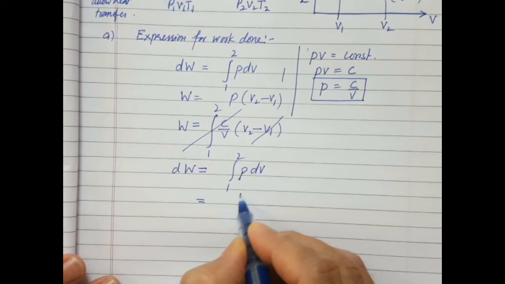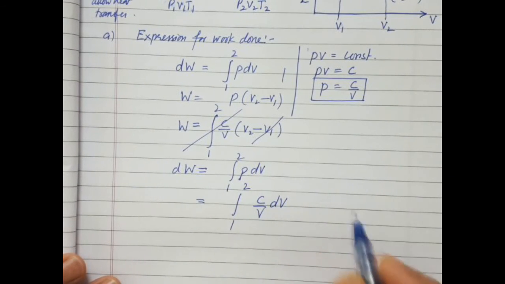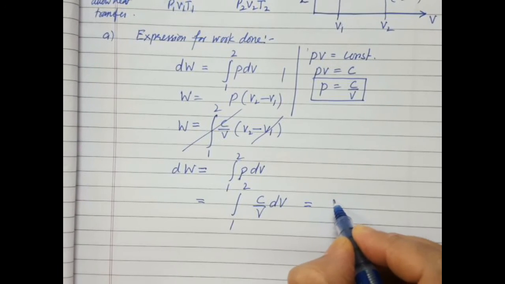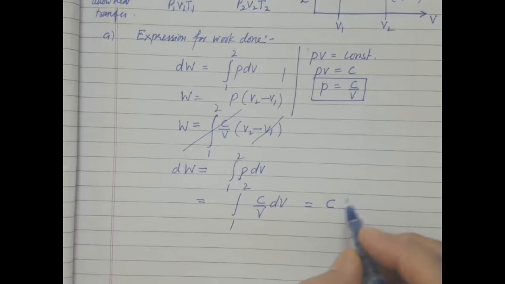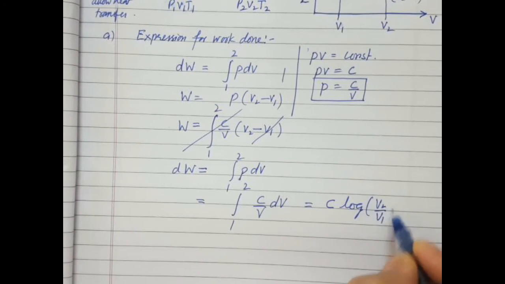Now we can replace the integral from 1 to 2 of C by V into dV. So this becomes C into log of V2 by V1, log base e.